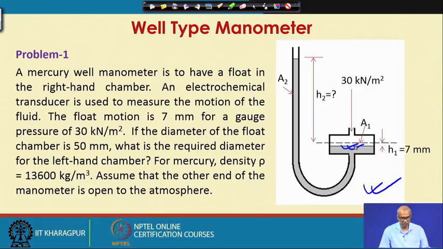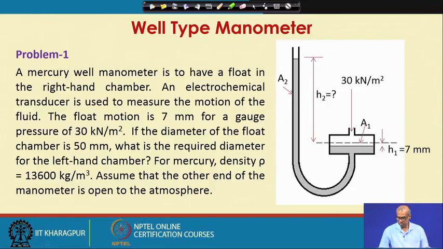The float motion is 7 millimeter for a gauge pressure of 30 kilonewton per meter square. If the diameter of the float chamber is 50 millimeter, what is the required diameter for the chamber? So, what should be the diameter of the chamber? Density of the mercury is given.